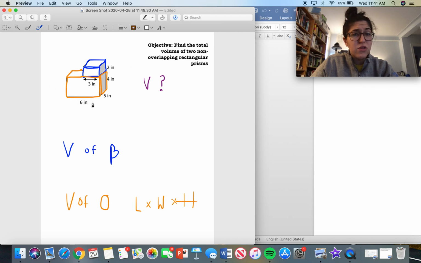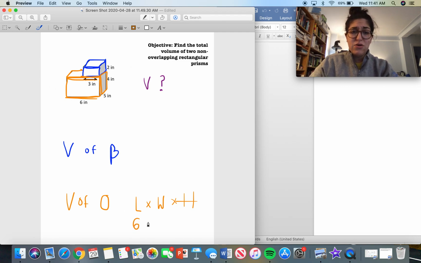So let's start with our orange rectangle here. What is the length of the orange rectangle? Well, I see a 3 up here, and I see a 6 down here. So if you notice this 3, it's got a little arrow, and it ends here. And so this is not the length of the whole orange rectangle, it's only the length of part of it. I need the length of the entire orange rectangle, right? So I need all of this length, or all of this length. And that would be 6 inches to be exact, right?